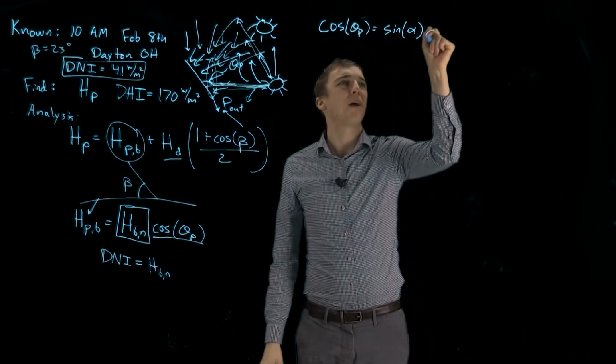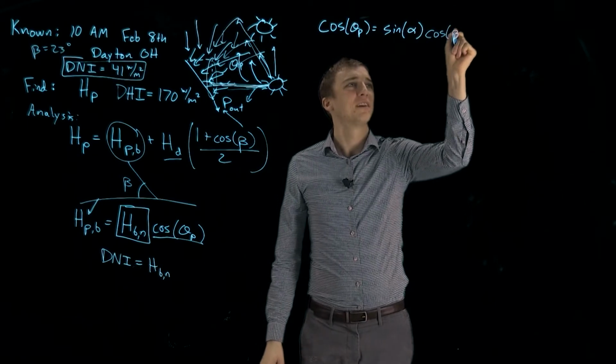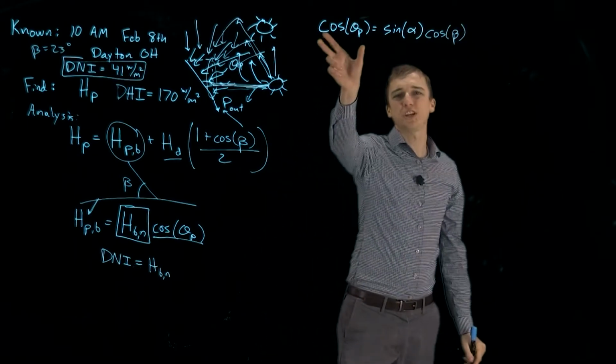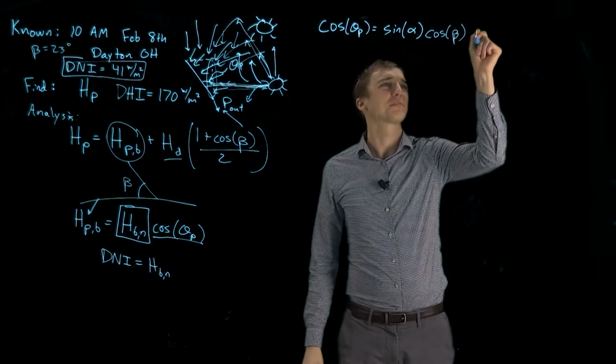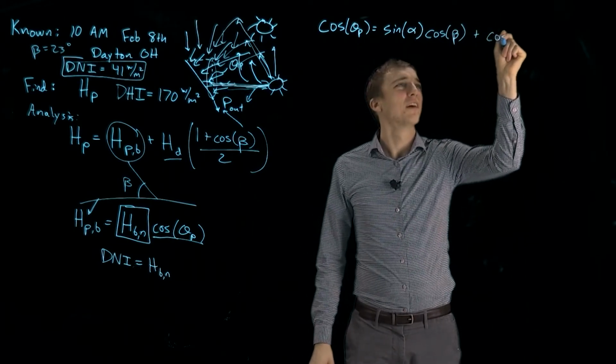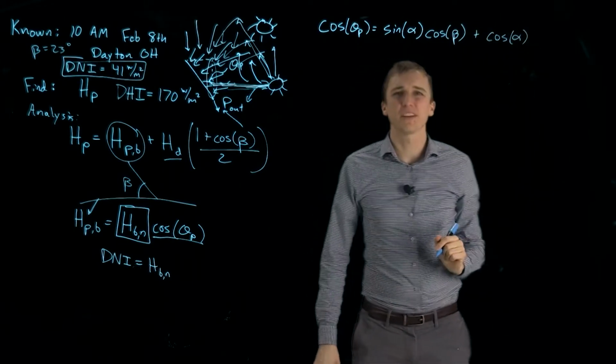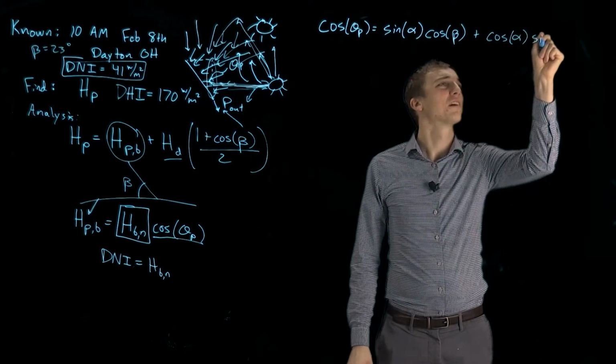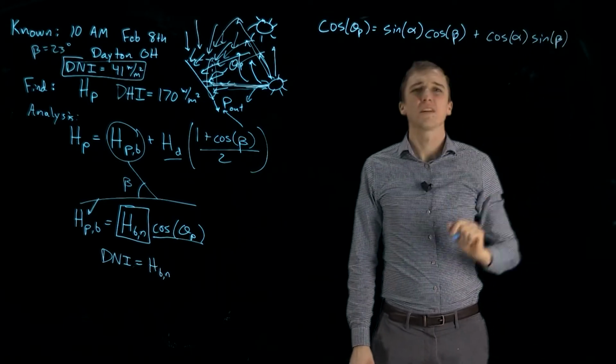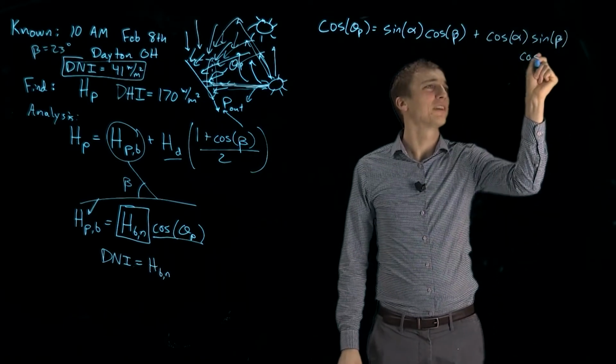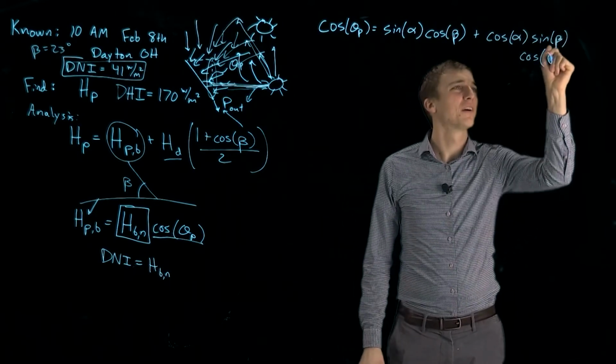So we've combined those two effects to find the complete projection, cosine theta p. And the final equation is something like this. This last part I will write down here so I don't run out of room.